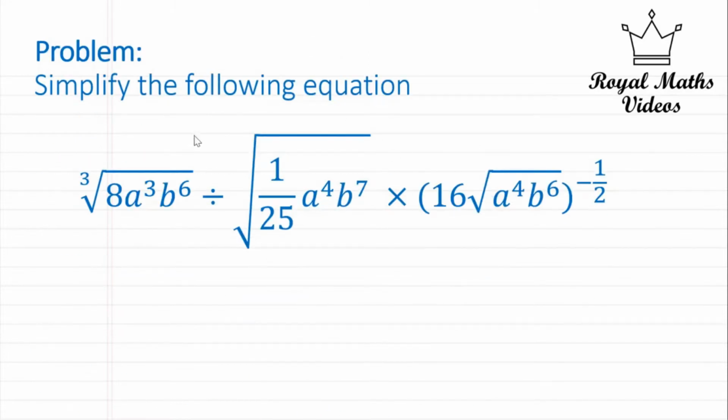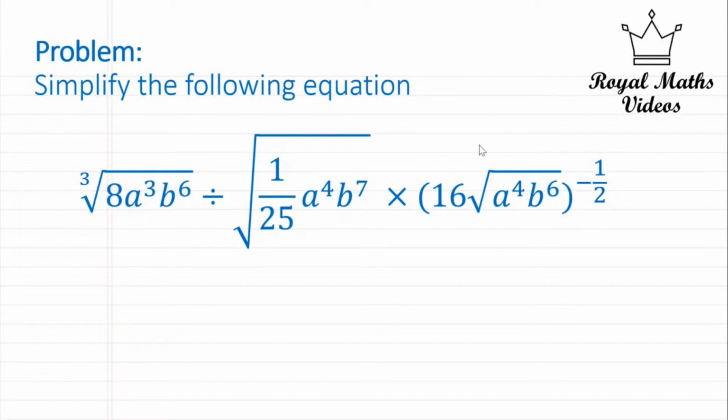Okay, so the problem we face today is the cube root of 8 times a to the power of 3 times b to the power of 6, divided by the square root of 1 over 25 times a to the power of 4 and b to the power of 7, times bracket 16 times the square root of a to the power of 4 times b to the power of 6, all to the power of minus 1 over 2.